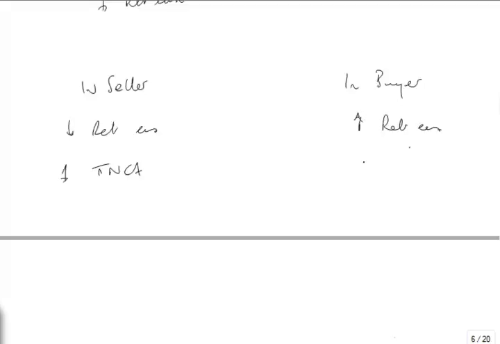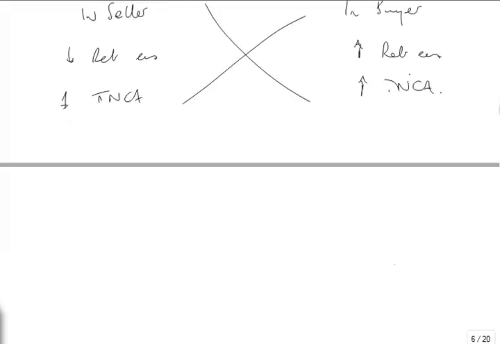Previously, what I have said is in the seller, I've reduced retained earnings, reduced TNCA. In the buyer, I've increased retained earnings and increased TNCA. This is now no longer acceptable. For this, I apologise.